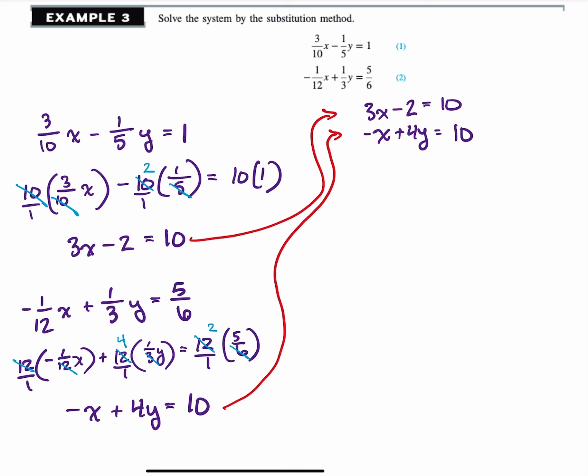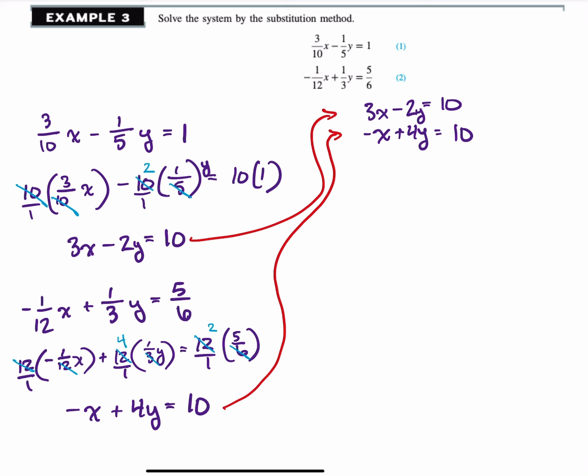And it looks like I left my y off here. Yeah, this should have a y. Lost track of this variable here. I was focusing too much on the fraction, so just got to bring that back in. So we have our system of two equations.